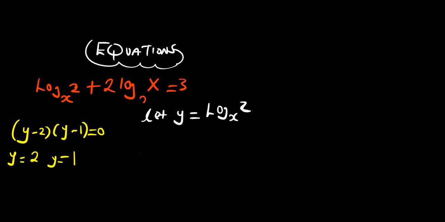We just have to now replace. We have said we have to let y equal log 2 base x. So how do we solve that? One of the values of y, we found that it is 2. So 2 is equal to log 2 base x. Another one, 1 is equal to log 2 base x. Okay, so now how do we solve this one?